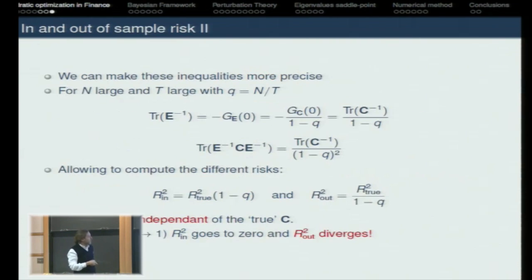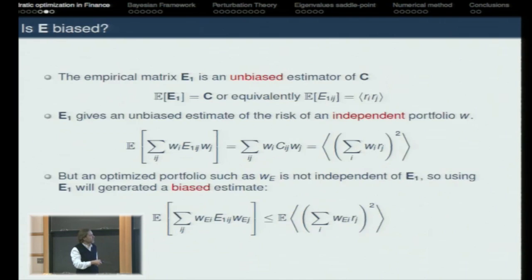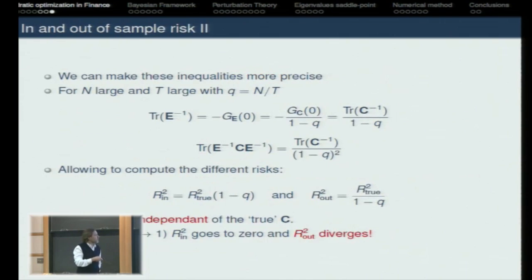Okay. But actually with random matrix theory, you can say something a bit more precise about these inequalities, because if I go back here, for instance, the in-sample risk involves the matrix E to the power -1. And for a typical weight vector, on average, it's really just the trace of E^-1. And the trace of E^-1 is just the resolvent at 0 with a minus sign.